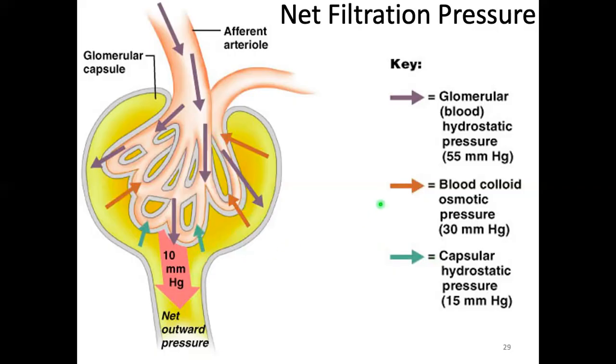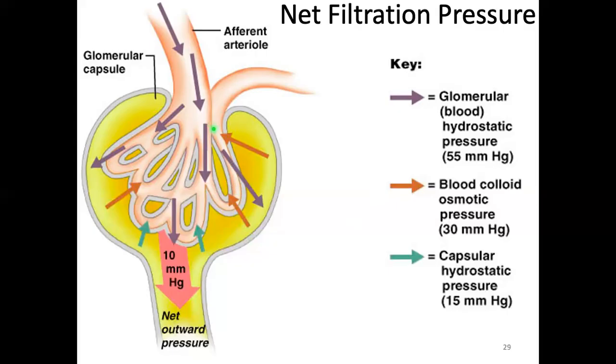But then take a look at the orange line. This one should look familiar to you too. Blood colloid osmotic pressure. So blood colloid osmotic pressure is osmotic pressure, and osmotic pressure is pulling fluid back in. What is osmotic pressure based off of? It's based off of the albumins in the blood or in the capillary bed, right?